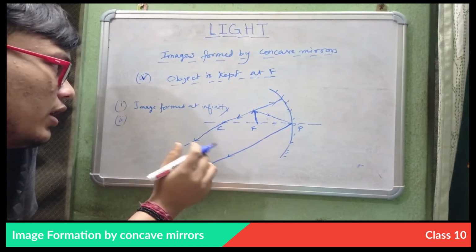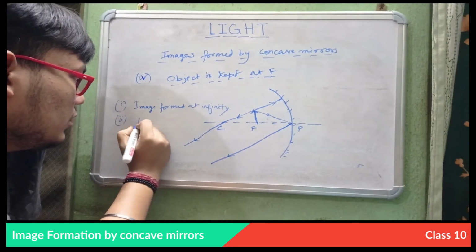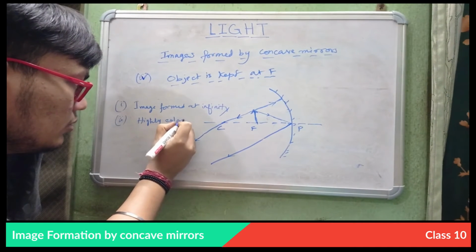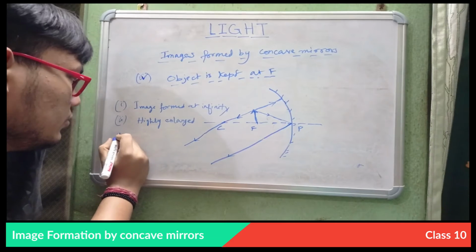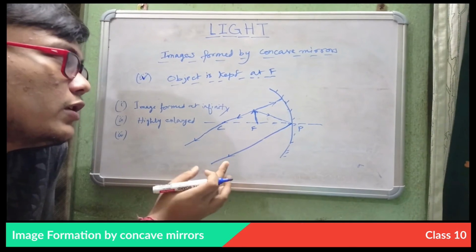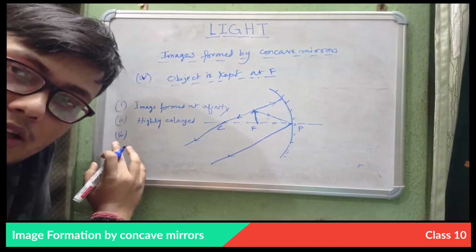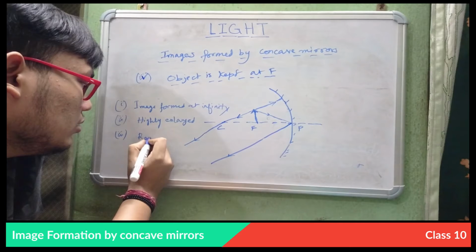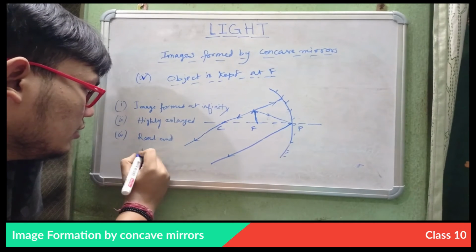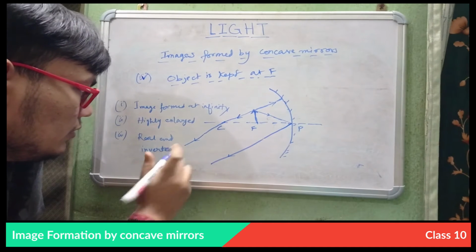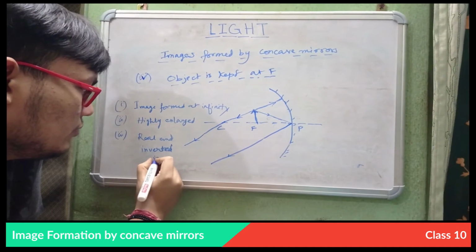Similar to the previous one, it will be real as it is formed on the same side as the object, and it will be inverted, a real and inverted image.